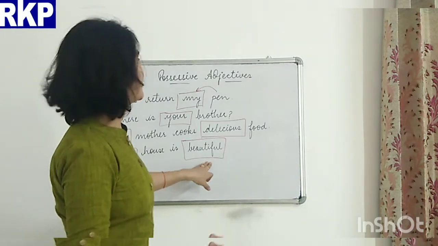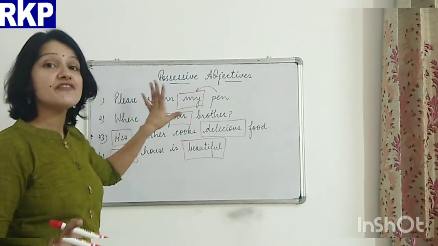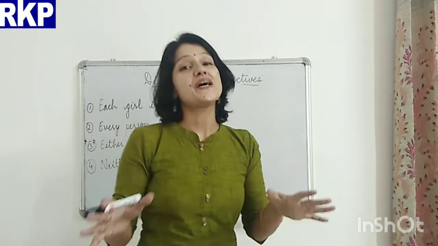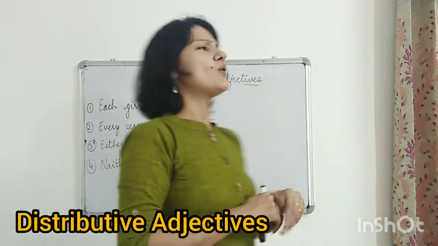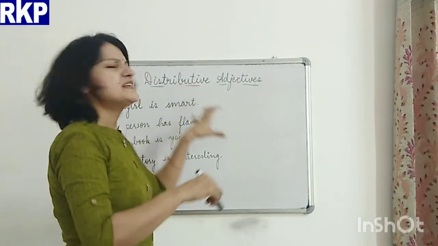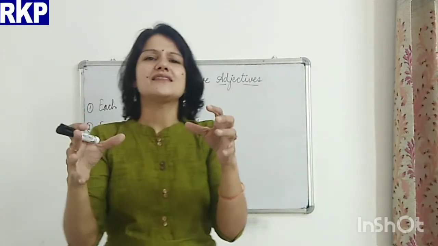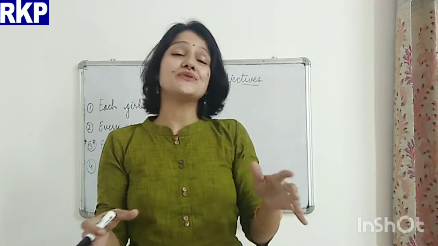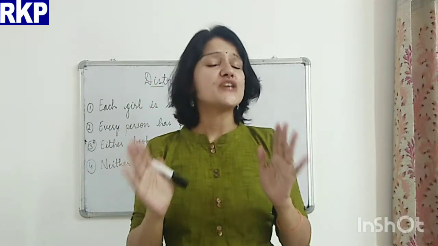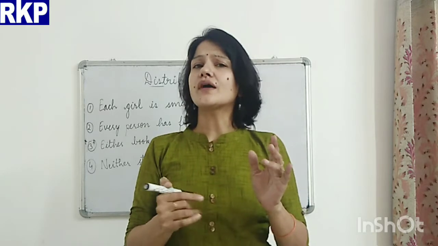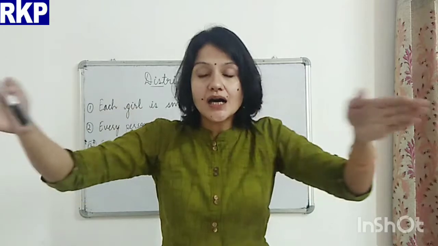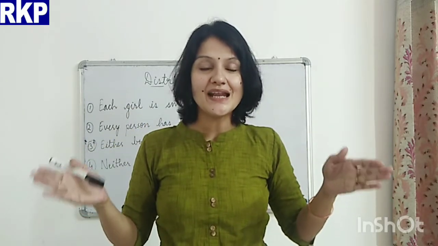Okay, so I hope you have understood possessive adjectives. And next we are going to talk about distributive adjectives. Now, distribute, again the root word is distribute here. Distributive adjectives are used when we are talking about individuals in a group, right?